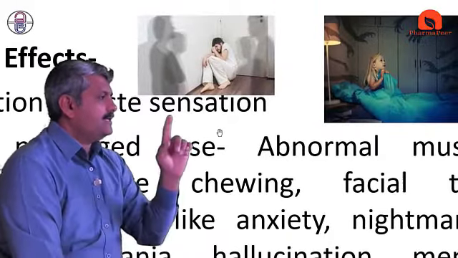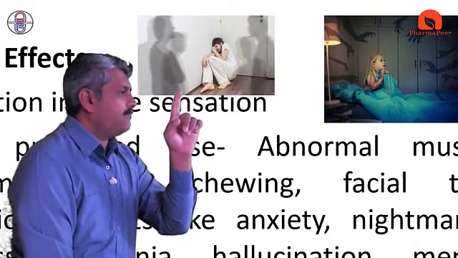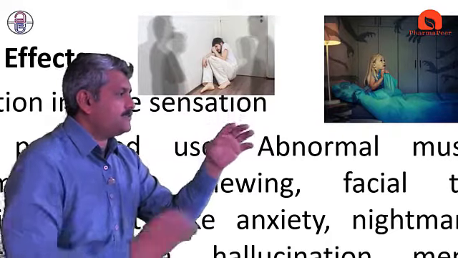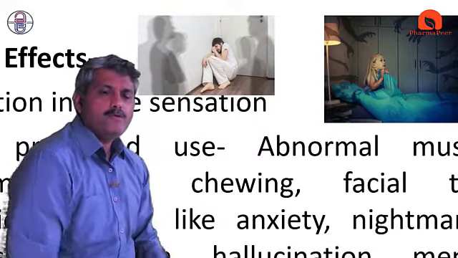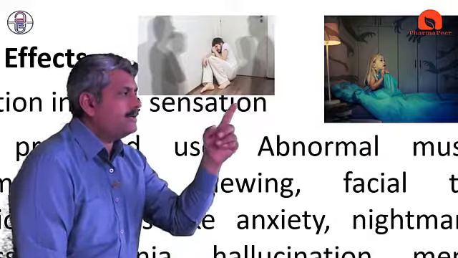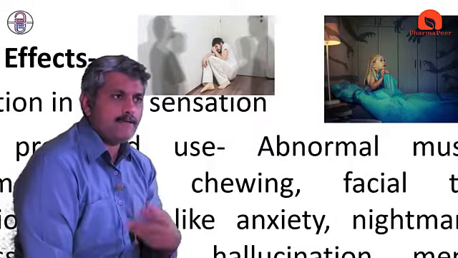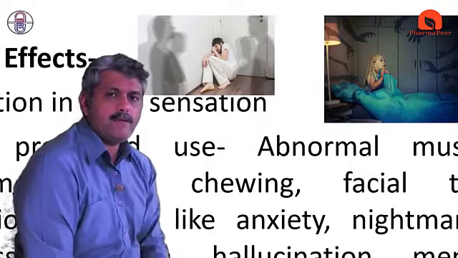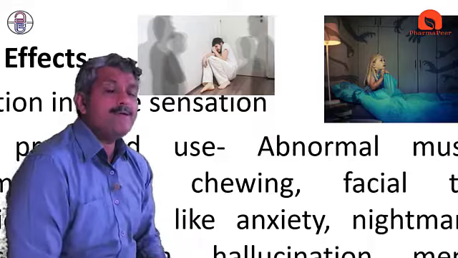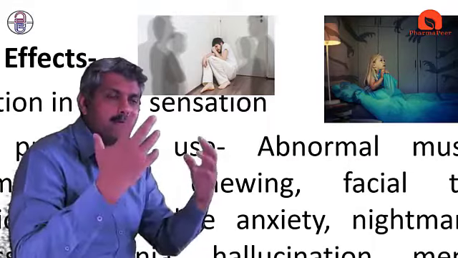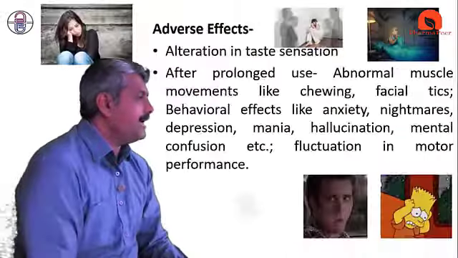So he is sitting there and here one person is there, here one person is there. These are shadows. They are not real, but he feels that someone came there and started talking with him, giving some harassment and hammering. So it is a type of hallucination. There is no reality, but still he is feeling that someone is there. That we call a hallucination.